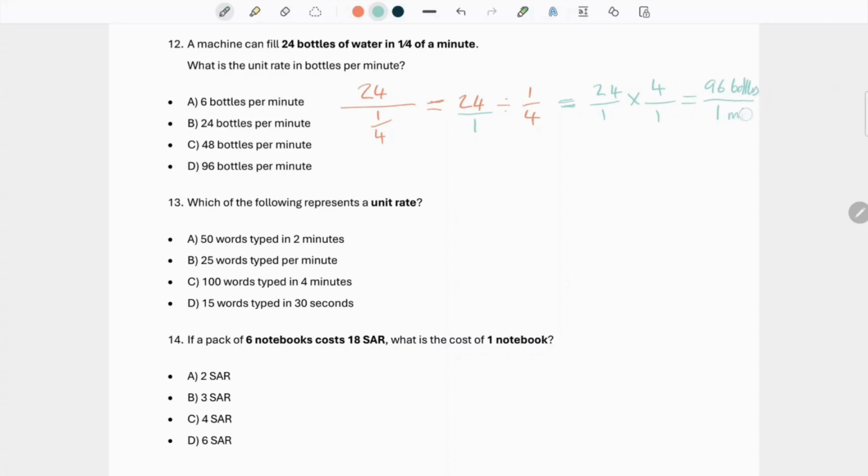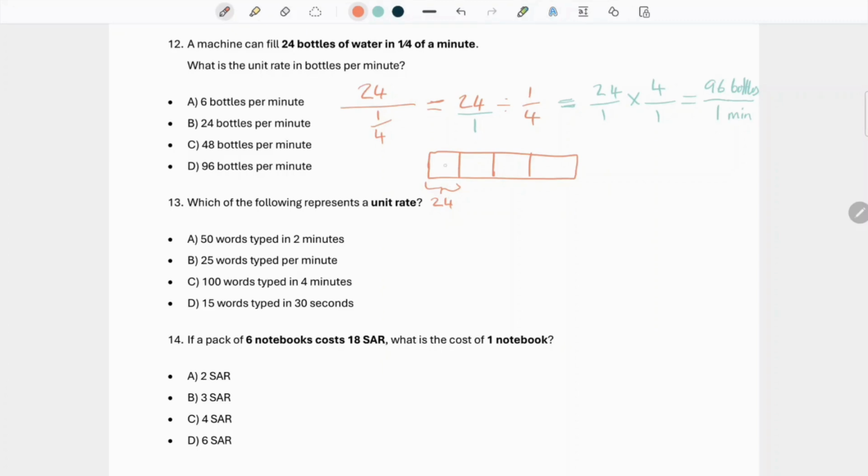Another way we could have done this is draw a fraction bar and split it into 4. We know that 1/4 is 24 bottles.